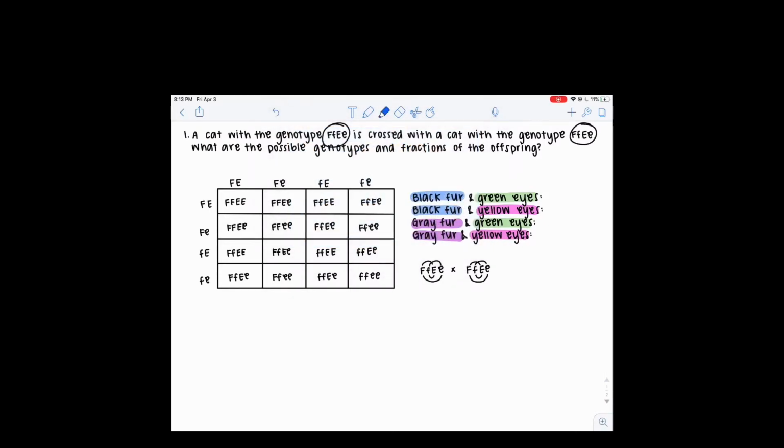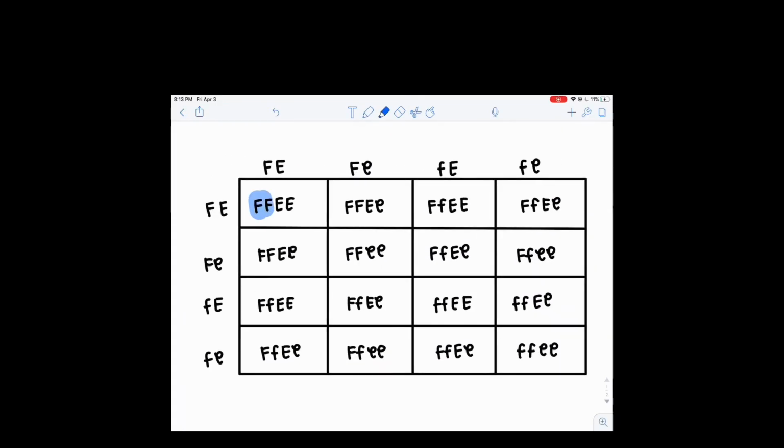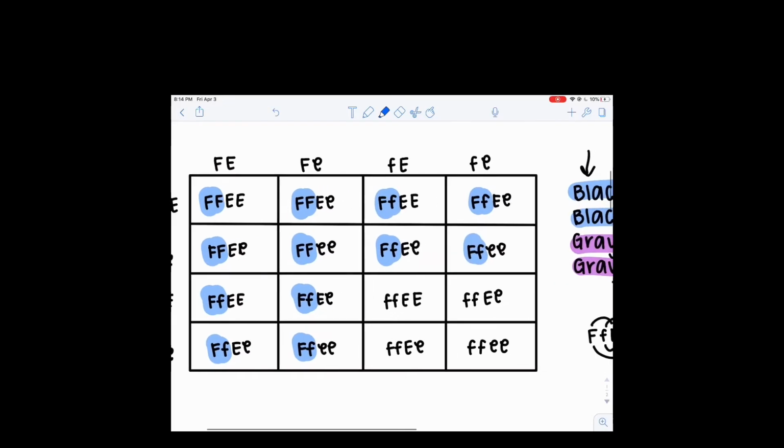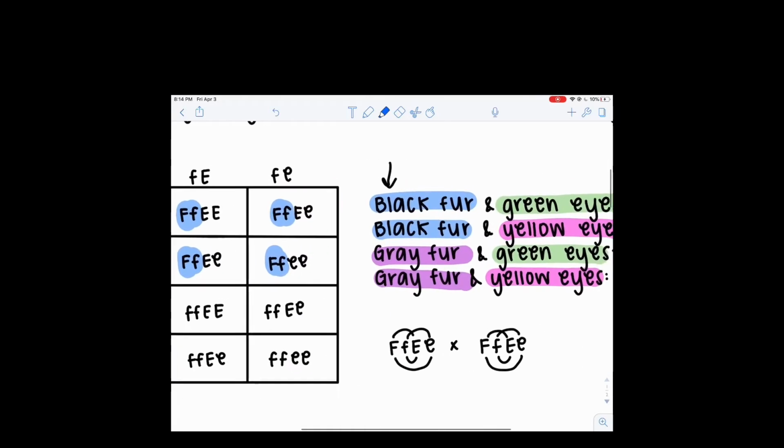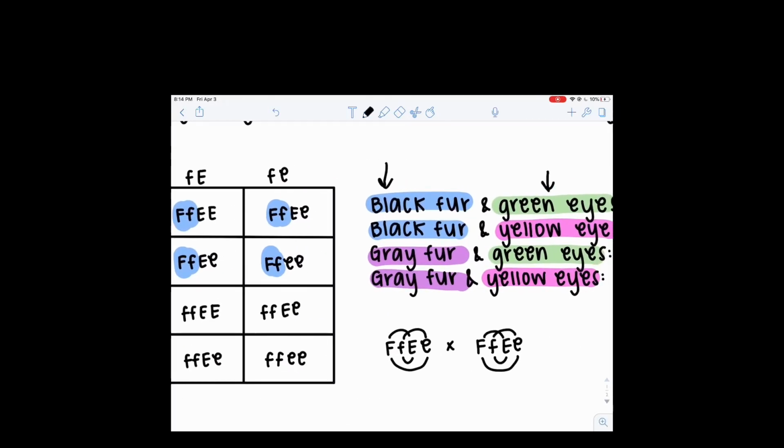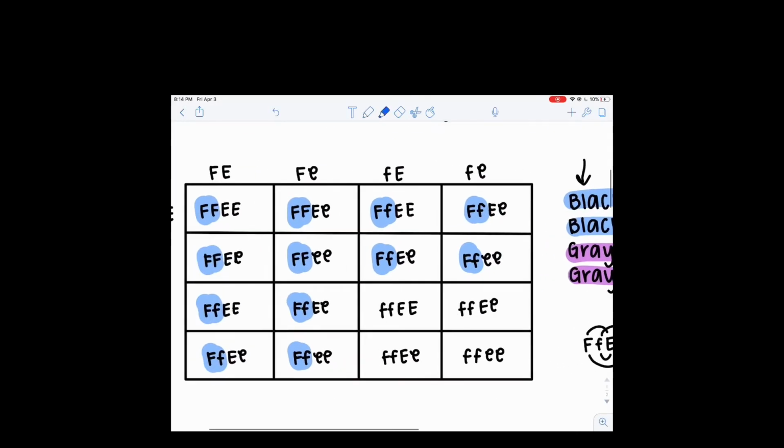Since the black fur is dominant, any genotype with a capital F in it will have black fur because it is dominant and it hides the recessive lowercase f. Now we're looking for the green eyes, which is dominant, so anything with a capital E will have green eyes.